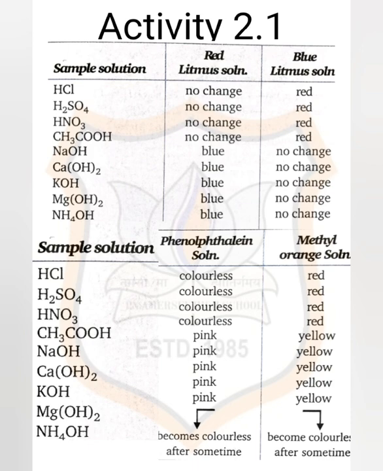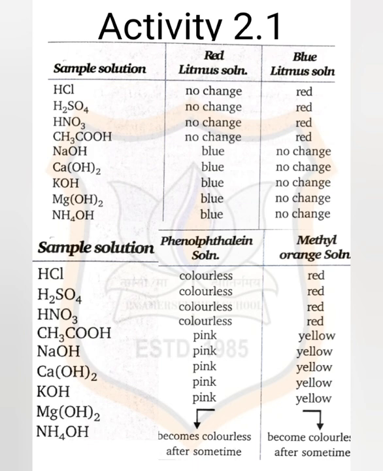But in case of blue litmus paper, there will be change only in case of acids, that is HCl, H2SO4, HNO3 and CH3COOH. All these acids turn blue litmus paper to red. But all the bases, NaOH, Ca(OH)2, KOH, Mg(OH)2 and NH4OH, do not change blue litmus paper.